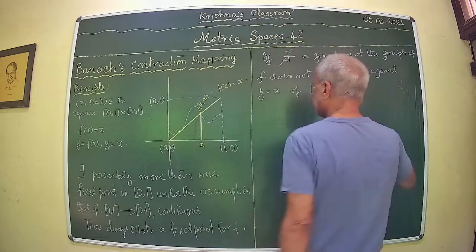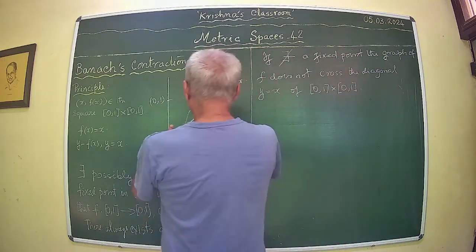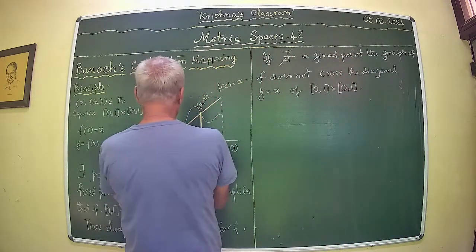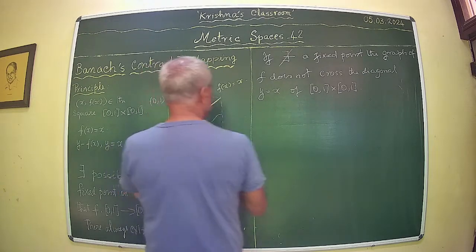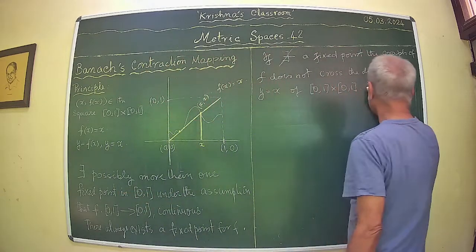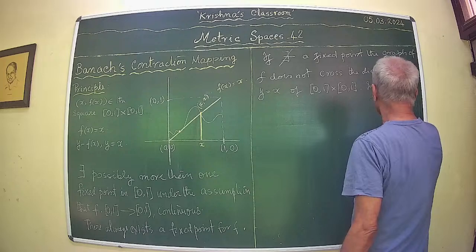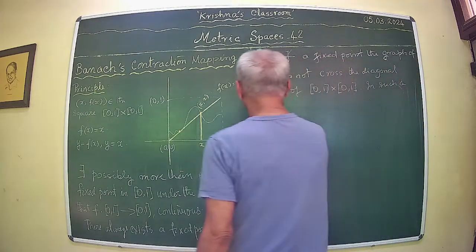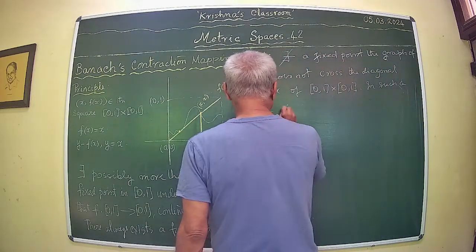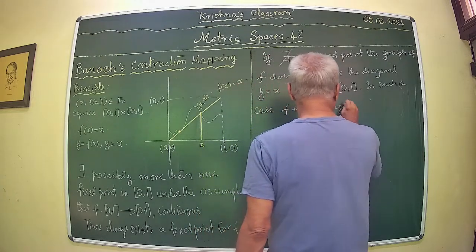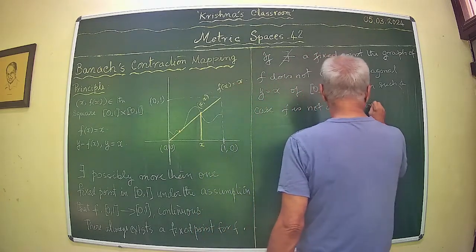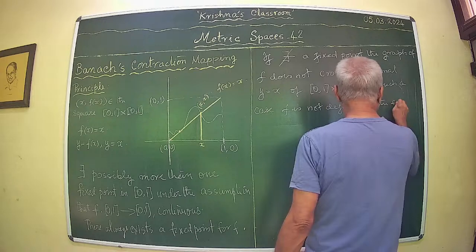In such a case, what happens? See, this graph cannot cover here. That means the function will not be defined. In such a case, f is not defined on the entire interval.